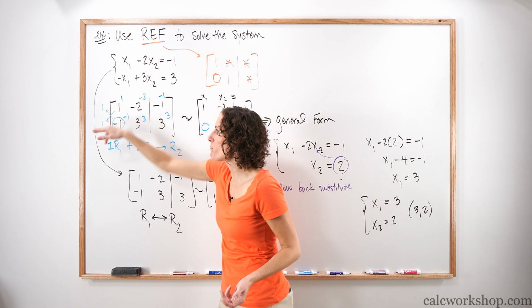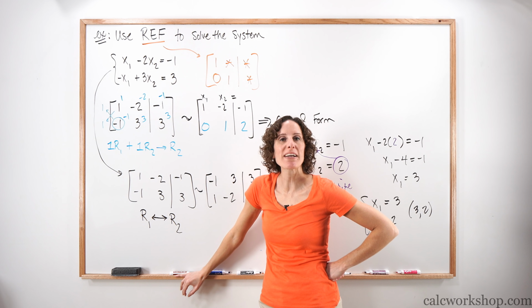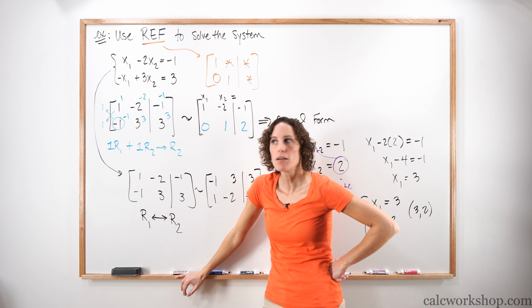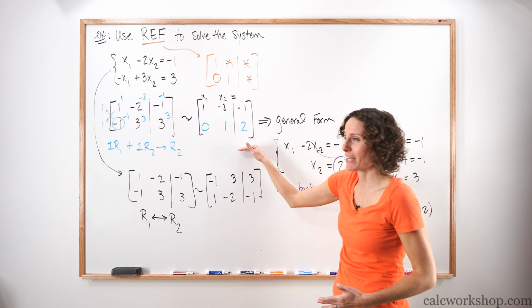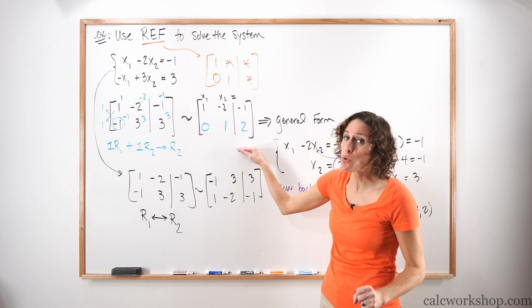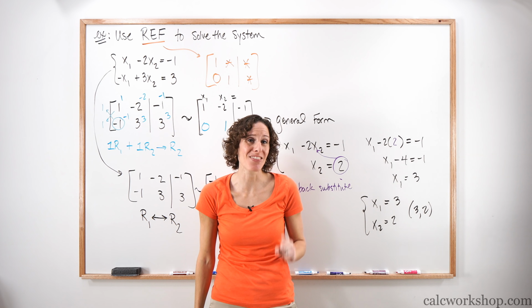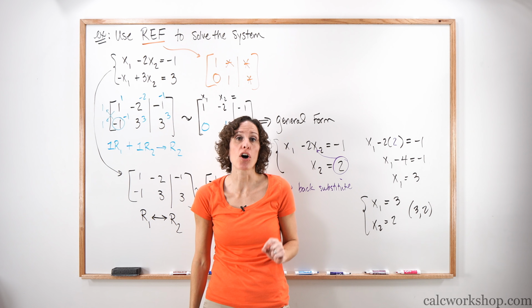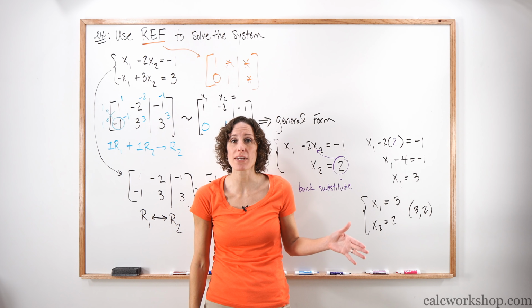Well, why did I multiply both of them by 1? I want to multiply both top and bottom, row 1 and row 2, by 17, because I like the number 17. So we can have infinitely many different possibilities for REF. What's so cool though, is that every single person in the world will get the same exact RREF in the end, no matter what we do to get there.